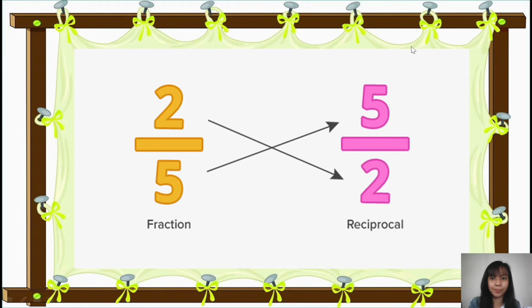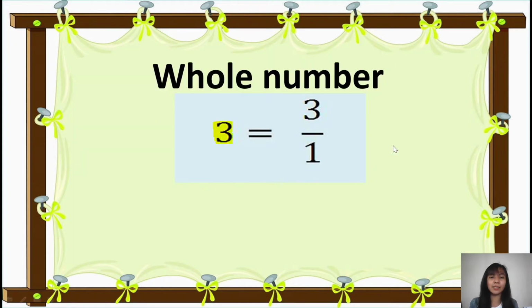Alright? Okay. Next, whole number. If the given number in solving division is a whole number, you have to make it into a fraction form. So like this one, 3 becomes 3 over 1. All whole numbers have 1 as the denominator.